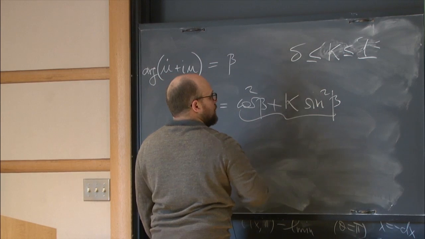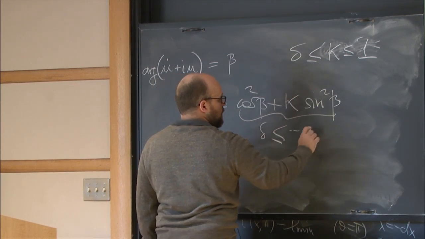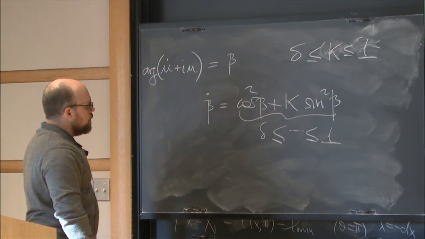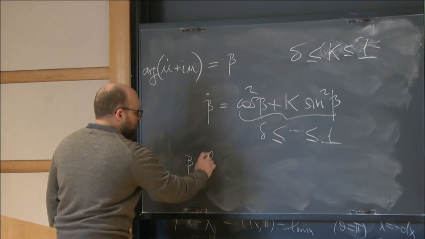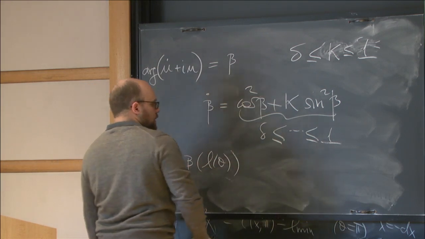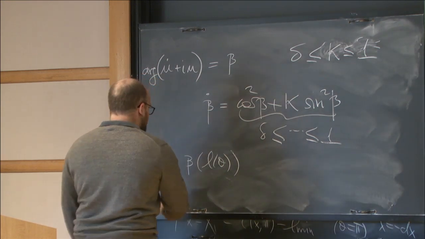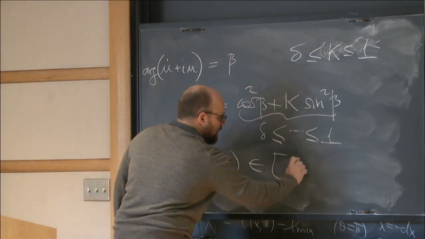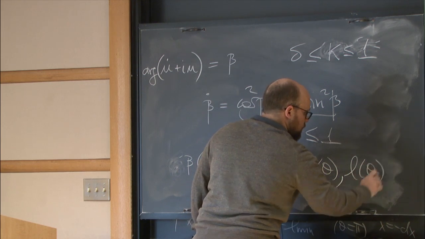So this number here is between delta and 1, which means that beta of L of theta is between delta L of theta and L of theta.